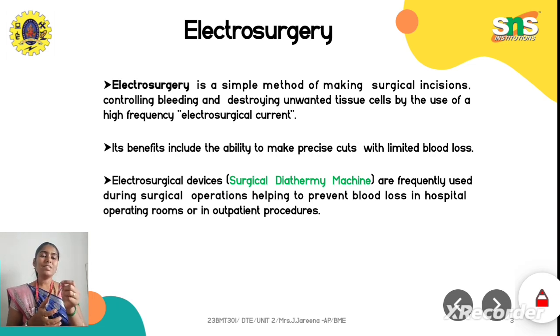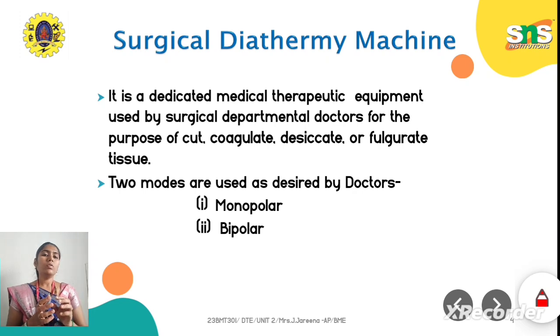You can see this particular machine in all sorts of operation theaters where the surgical procedures are very complicated and there is a need for minimal blood loss. So that is the main importance of this ESU. If you take any ESU unit, that is a surgical diathermy machine, it can be used for four main purposes.